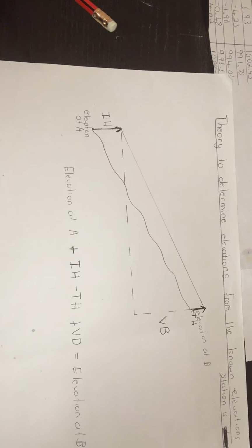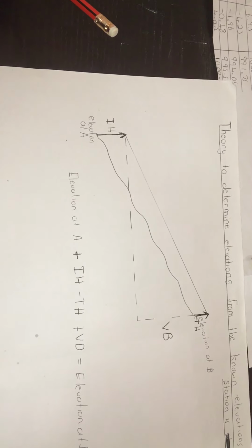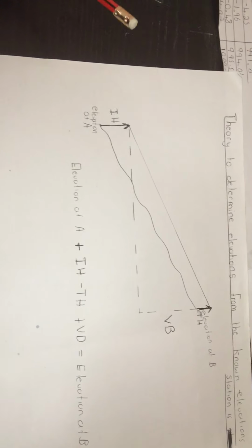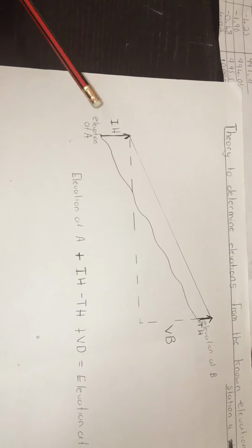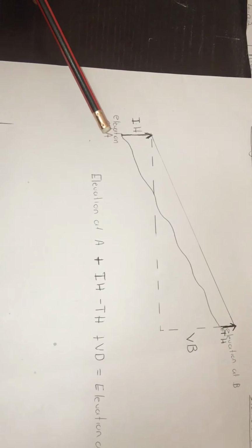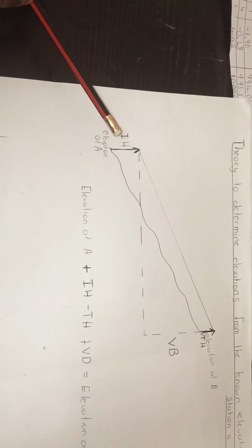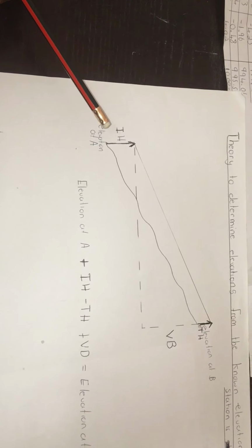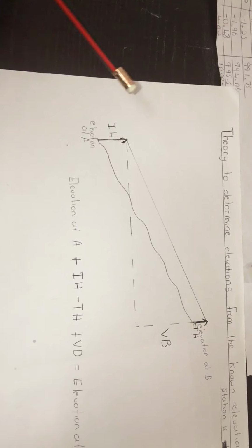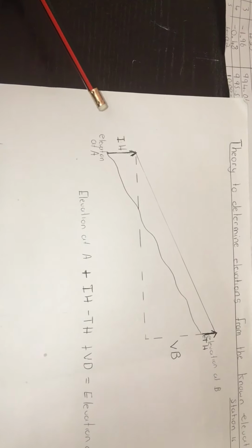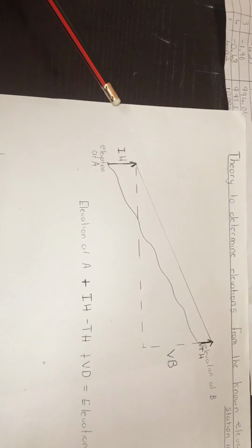Here you have a diagram that shows your station that is below. This is your station, which is at elevation A, and that means you would have to know your elevation at your station, and you're determining your elevation at B. Your station is below. This is a simplified diagram.